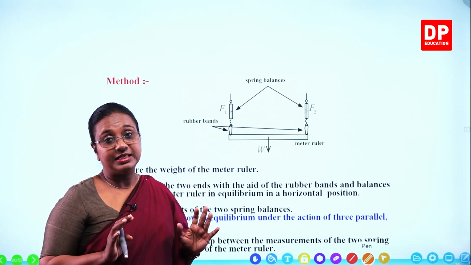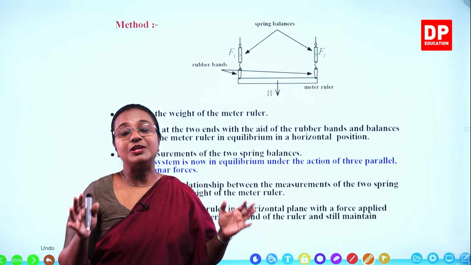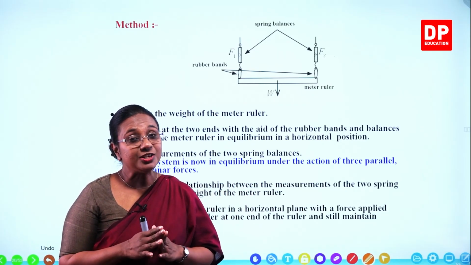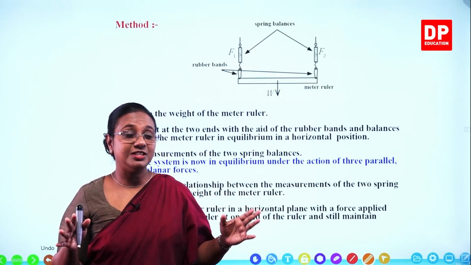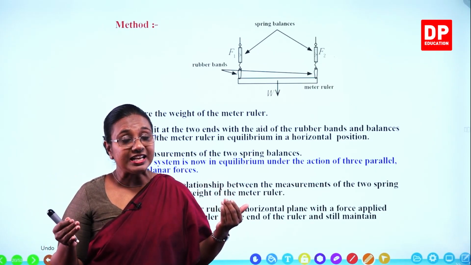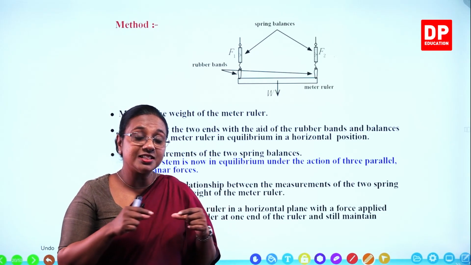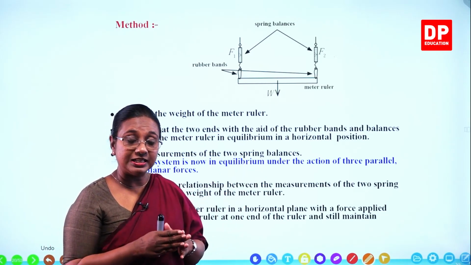So before doing that, we need to measure the weight of the meter ruler. Normally, students, the meter rulers are light. So when we do the activity, if we want to get a higher reading so that we can easily get the reading, we can attach another strip of wood to the meter ruler.